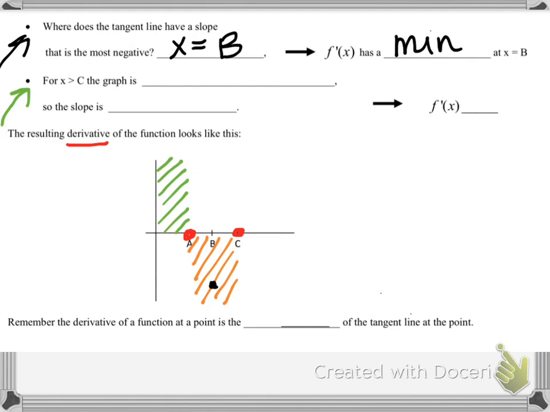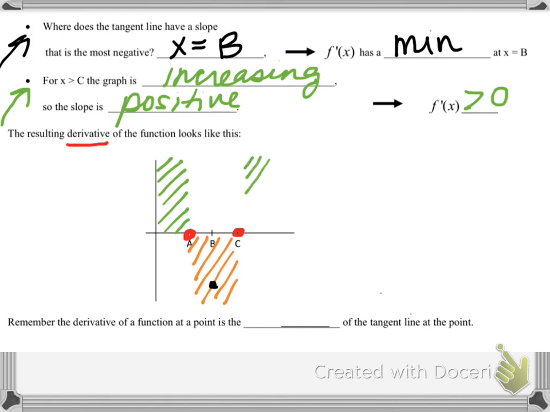So for x greater than c, the graph is increasing, which means the slope is going to be positive. And since the slope is our derivative, our derivative is greater than 0. So on our graph, we're going to end up with a derivative that lives above the x-axis. We're going to plot positive y values.